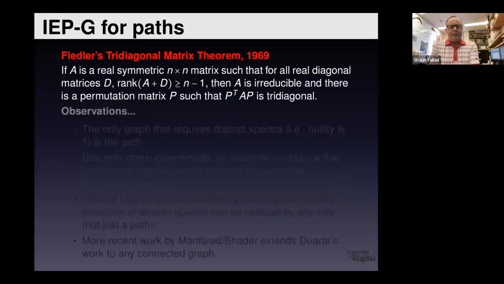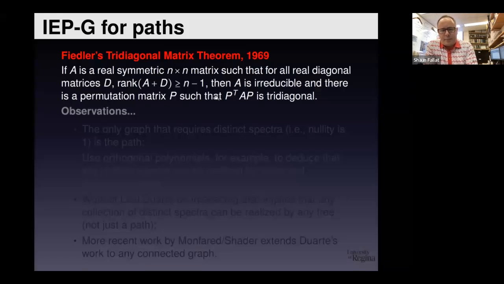I bring this up because it does play a role. Fiedler's, I labeled it as Fiedler's tridiagonal matrix theorem. Basically, what this theorem is saying is that the only matrix that upon diagonal perturbation keeps the rank high, that is, the rank of A plus D for D any diagonal perturbation is at least n minus 1, the only matrix that has that property, roughly speaking, is the tridiagonal matrix, the full tridiagonal matrix.